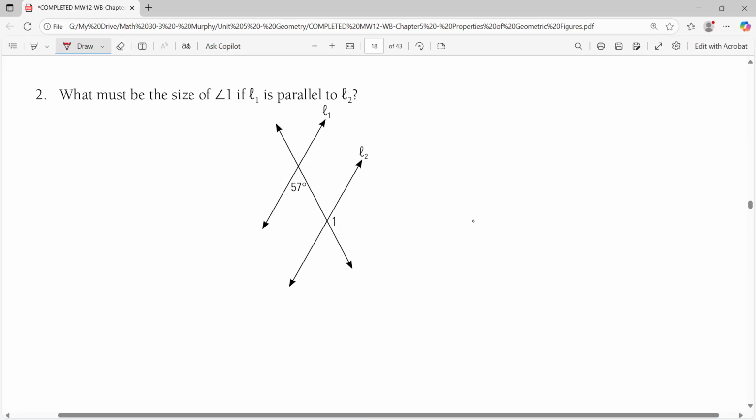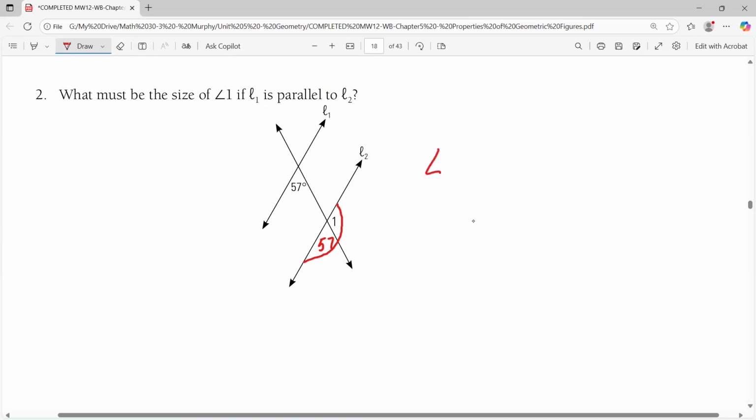57 would be equivalent to this angle right here. They are corresponding, they are identical. Now, I'm looking at this being 180 degrees.